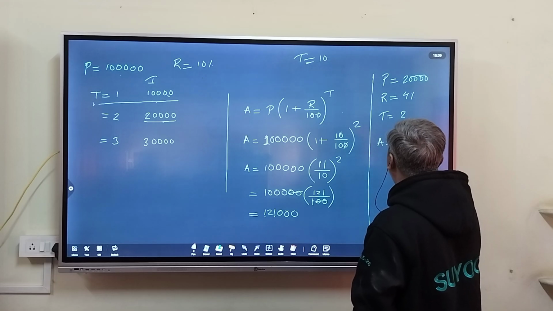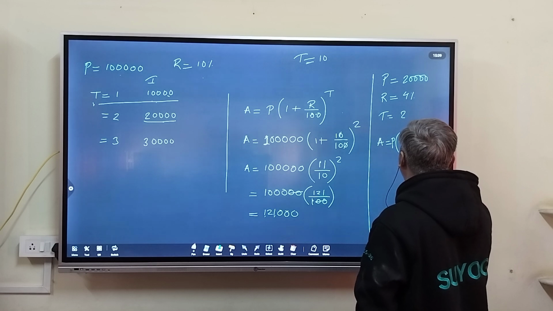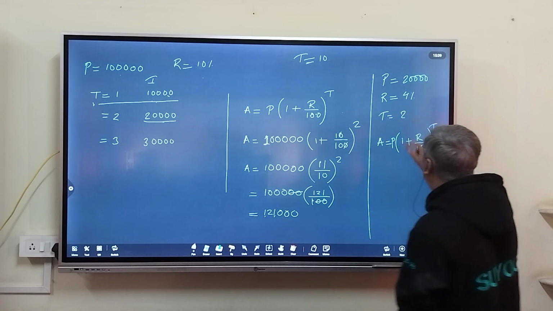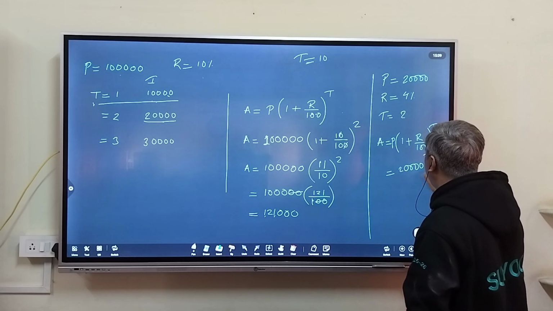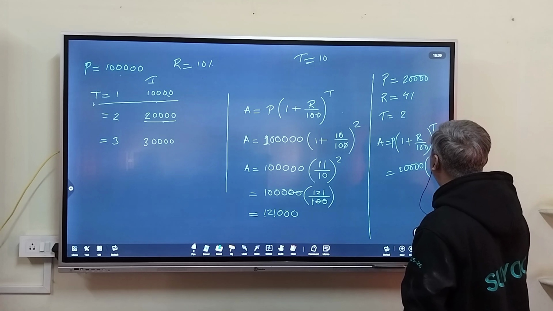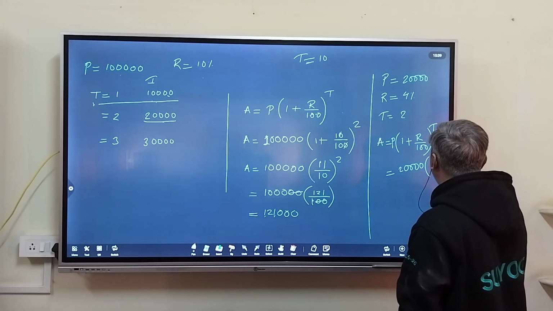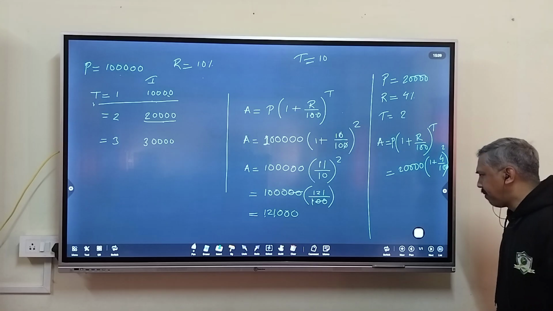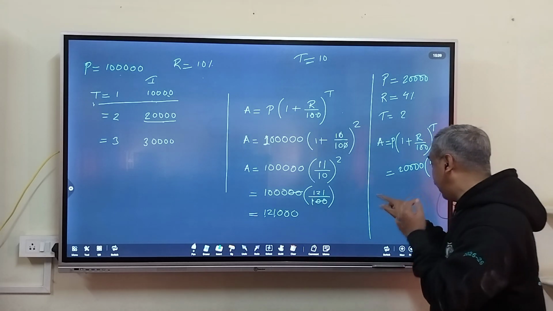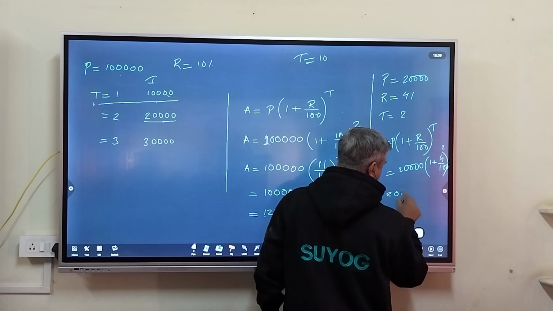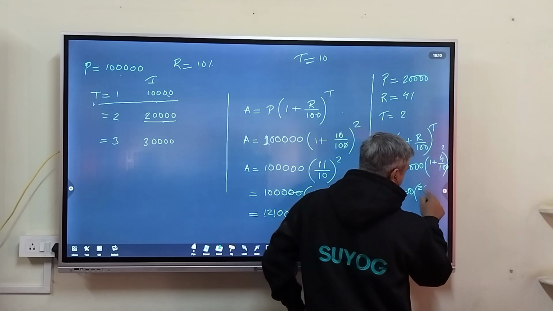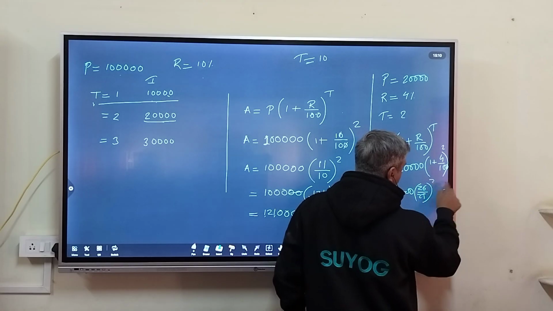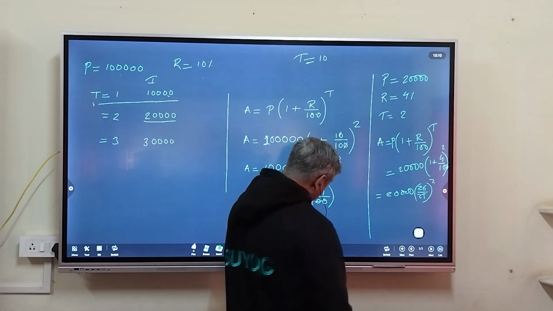So we'll use the formula A is equal to P into bracket 1 plus R by 100 bracket so T. T is 2 years. P is 20,000 into 1 plus 4 by 100 bracket square. So this is equal to 20,000 into 26 by 25 square, or rather let's keep it like that.